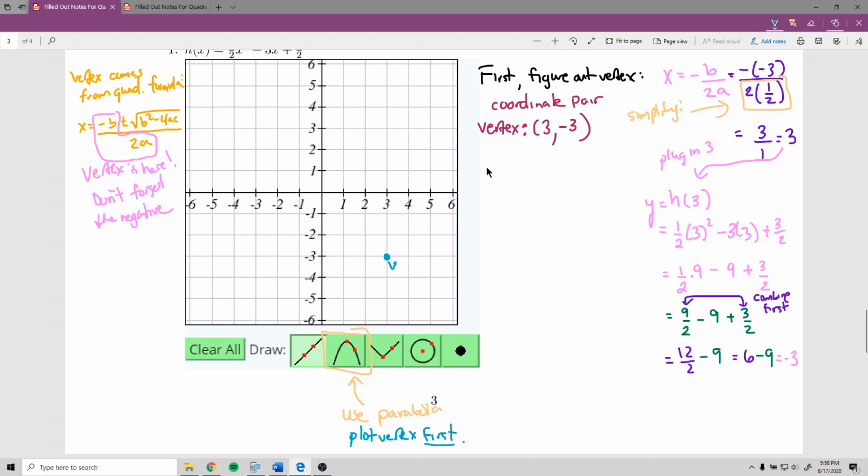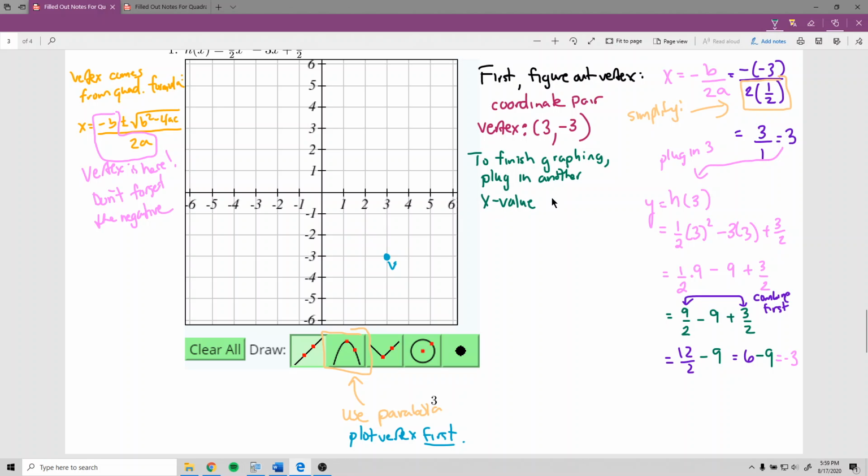Then to finish graphing, plug in another x value. Now the one thing that's going to happen on these is that when you graph them, you have to get a whole number to plot them.